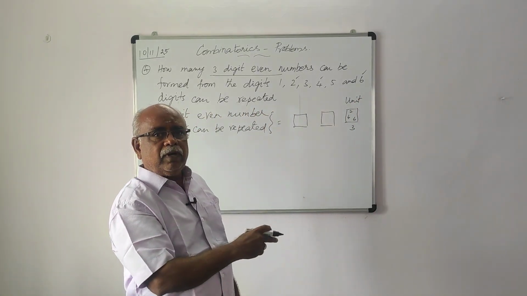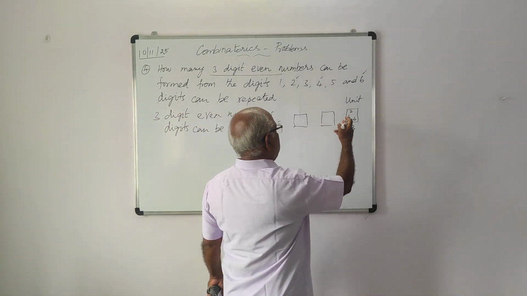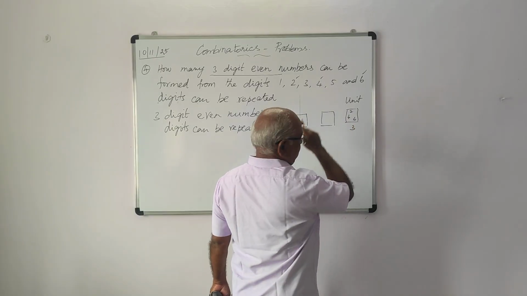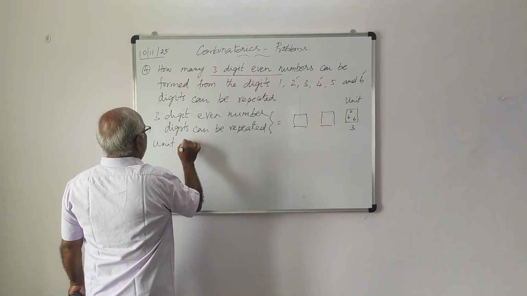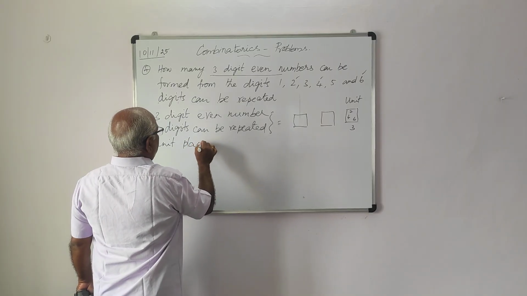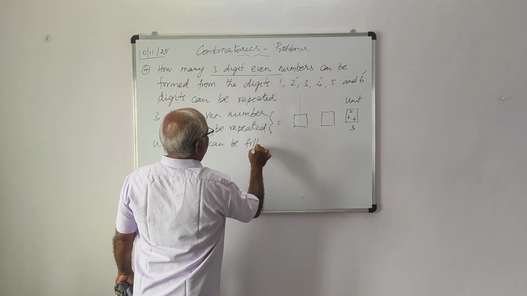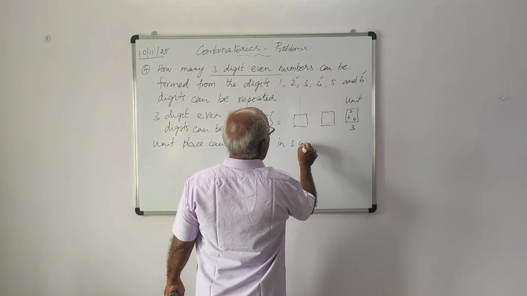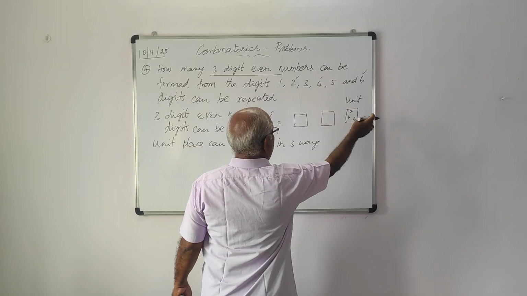Either 2 can be filled, or 4, or 6. Any one of these 3 even numbers can be used. The unit place can be filled in 3 ways by any one of the even numbers 2, 4 and 6.